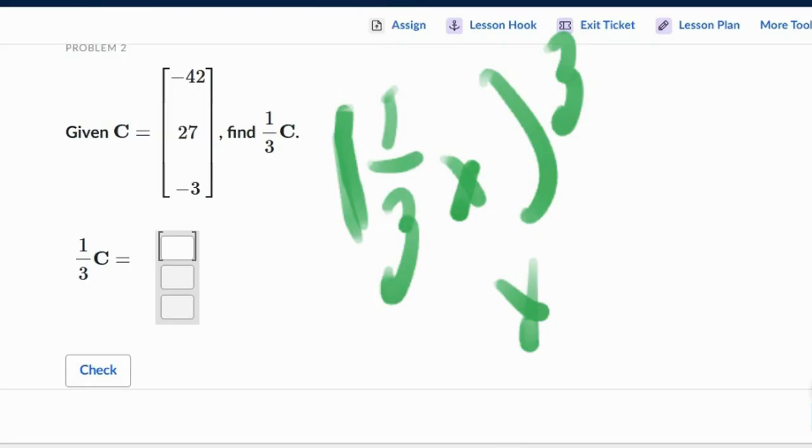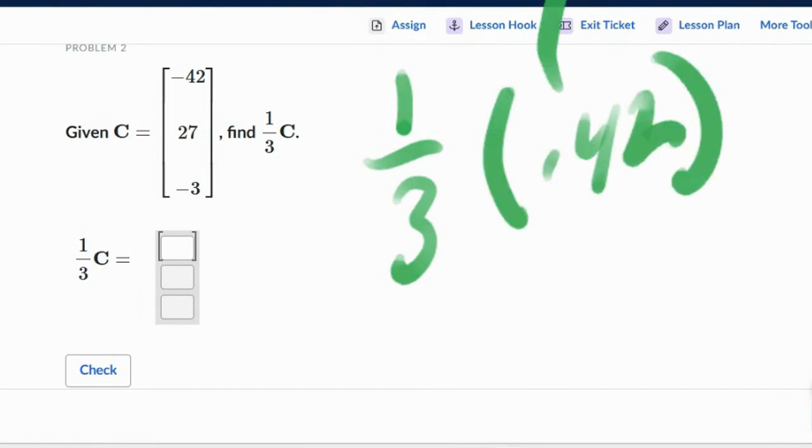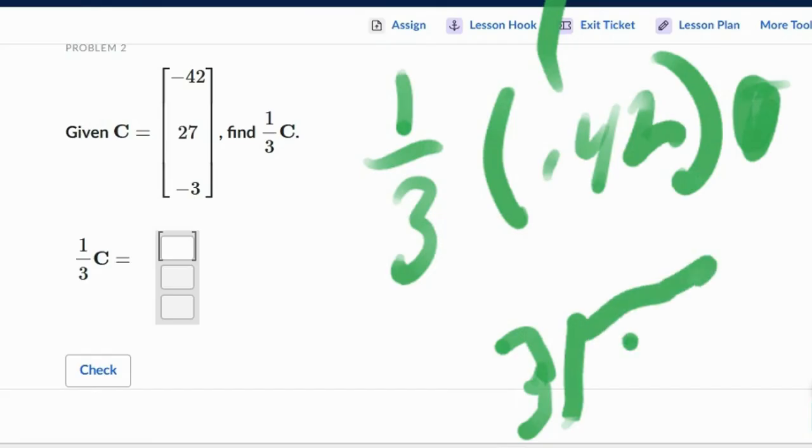So in this case, since we're trying to figure out 1/3 times negative 42, I was doing the times 3, but that was only an equation. We're not equal to anything, so let me scratch that. 1/3 times 42 is the same thing as dividing 42 by 3, because with 1/3, you're multiplying times the top number and dividing by the bottom number.